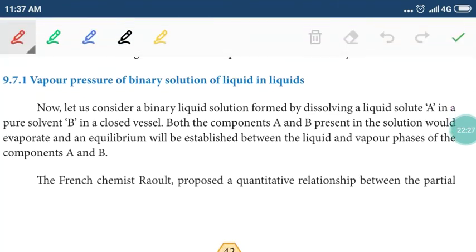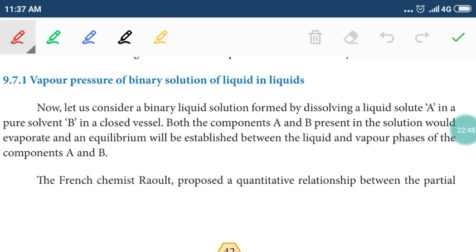When we prepare a solution using two components, it is called a binary solution. As we studied in 10th, if we have only one solute and one solvent, it is called a binary solution. If more than two components are there, it will have a different name. For example, three components present in a solution is called a ternary solution.